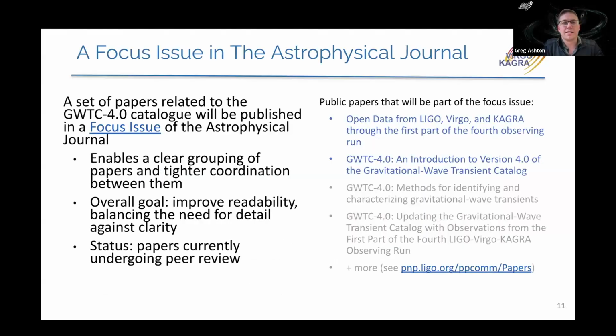So, okay, what is this webinar an introduction to, if you like? Well, something that we're doing differently compared to previous releases of the gravitational wave transient catalog is, rather than releasing a set of papers all together, which are loosely coupled together, we're now working tightly with the Astrophysical Journal to produce a focus issue, which is going to be targeted just on all of the papers which are related to GWTC 4.0.